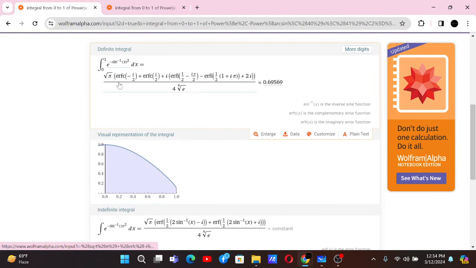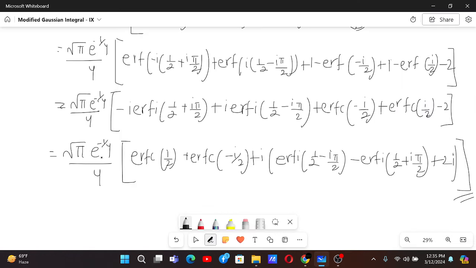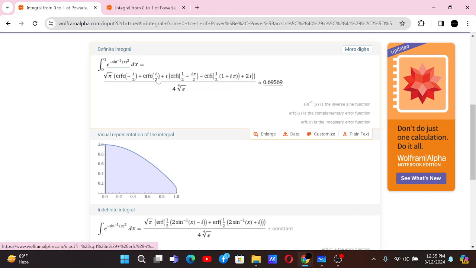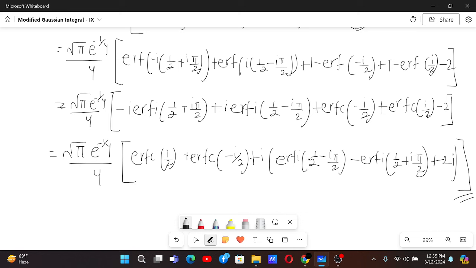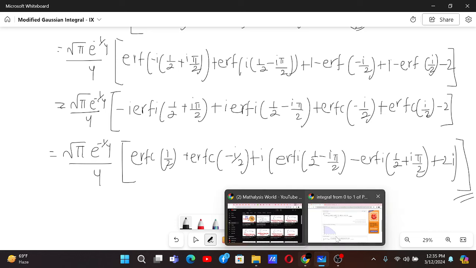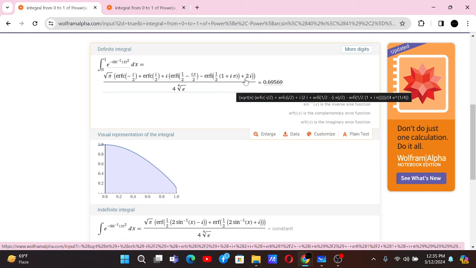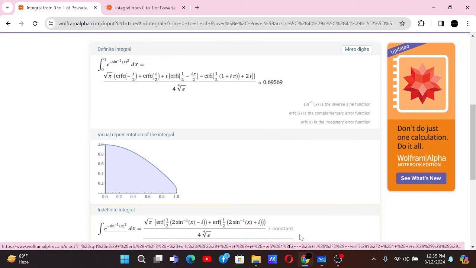So root pi by 4 and fourth root of e, and then RC of minus I by 2, RC of I by 2, and the I common, R phi of 1 by 2 minus I pi by 2, and then minus R phi of 1 by 2 plus I pi by 2, and then plus 2i, because I is taken common, so that's why I and 2i will be minus 2 actually.